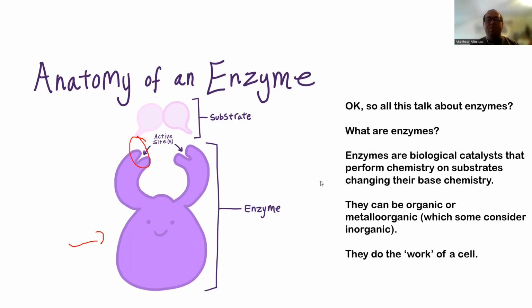So if function is dictated by structure, the structure therefore is very specific, which means that the things that can bind to the active site, what we call ligands, or the molecules that bind to an enzyme, are specific to the enzyme. Or in other words, an enzyme is very specific to its ligands.